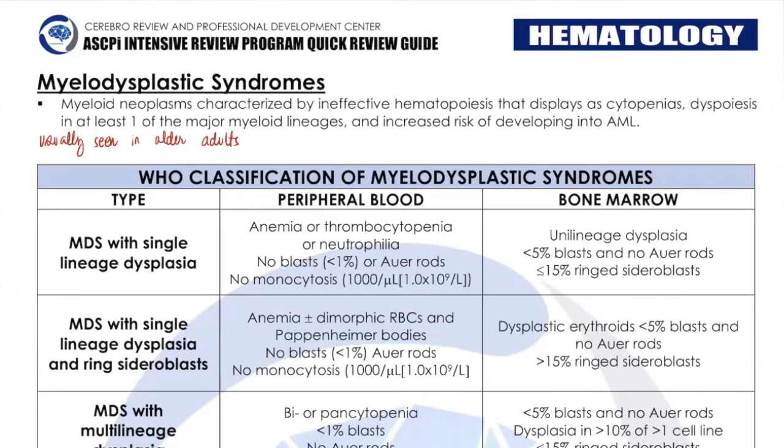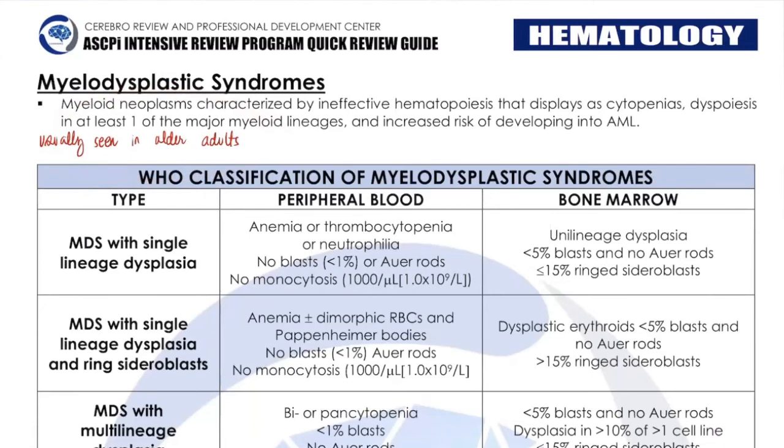Kumbaga, if myelodysplastic syndromes are seen in younger adults, usually this is secondary to chemotherapy, secondary to exposure to radiation, exposure to benzene, or it could be an inherited bone marrow failure such as Fanconi anemia.